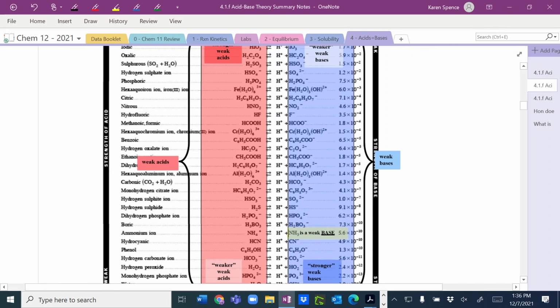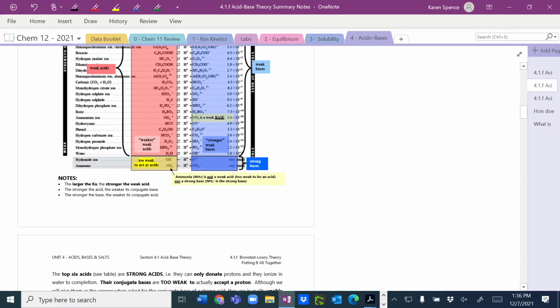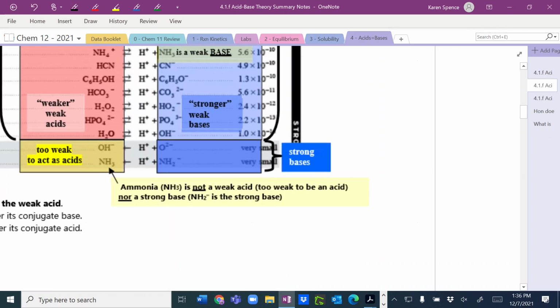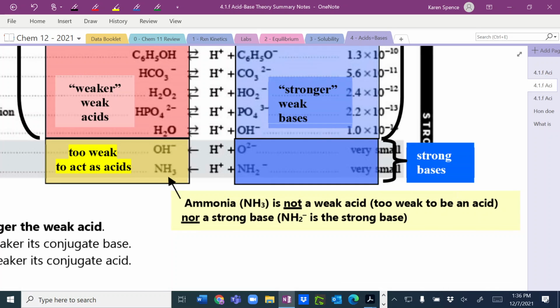So, in our table, we have a small area at the top that includes these strong acids, and then we have the weak acids, and then we have down at the bottom another gray zone. And you'll notice once again, which way do those arrows go? They are one directional, yes?